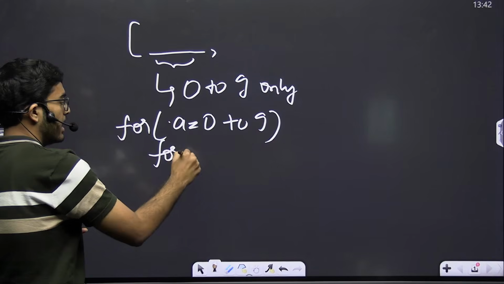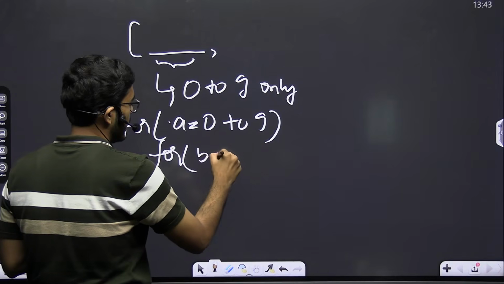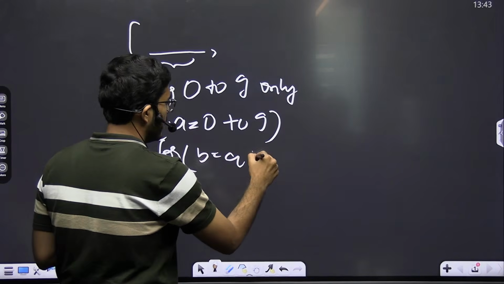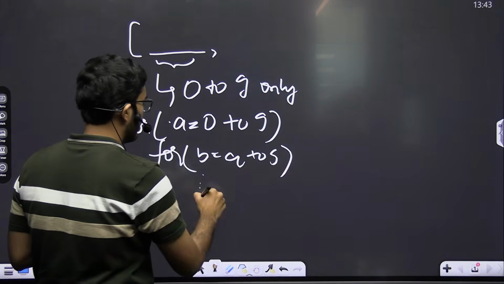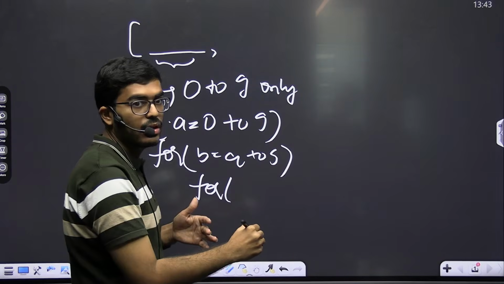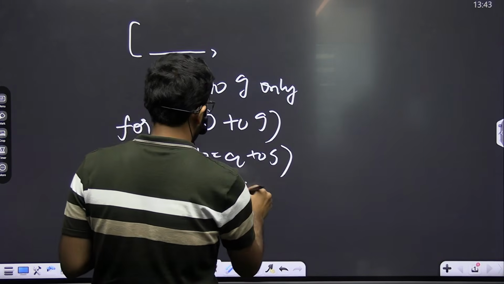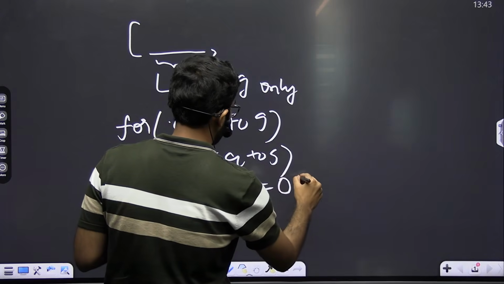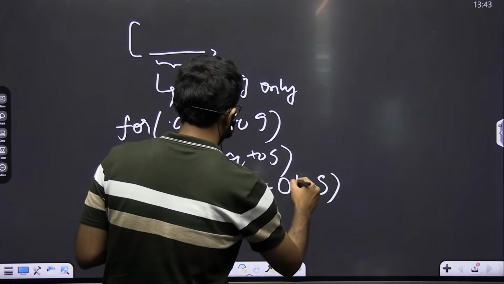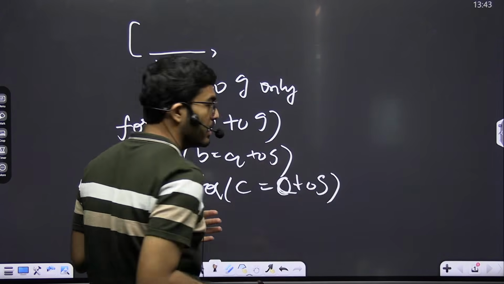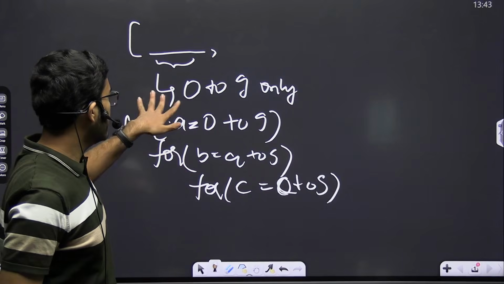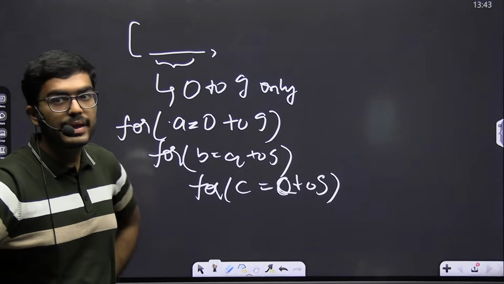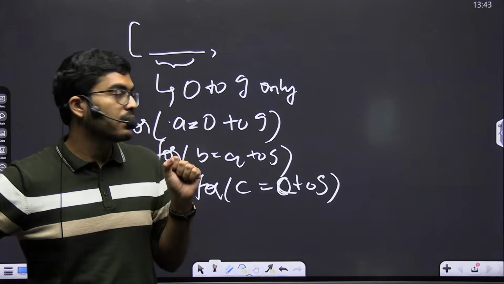Now I will run another for loop which will try B from A to 9, and finally I will try all the possibilities of C from B to 9, right? So these are all the possibilities of A, B and C, if you have got it.